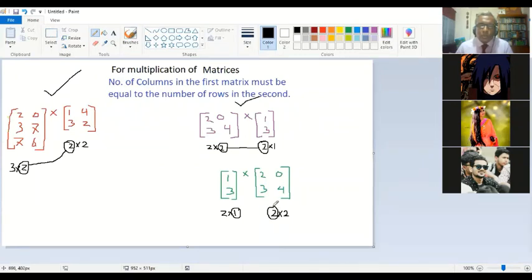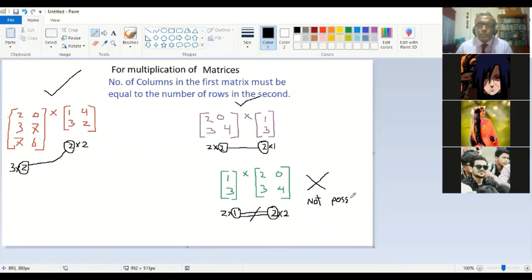So they are not the same, so you will say it is not possible to multiply. If someone asks you to multiply these two, you will say it is not possible to multiply. That's all. This is the answer.